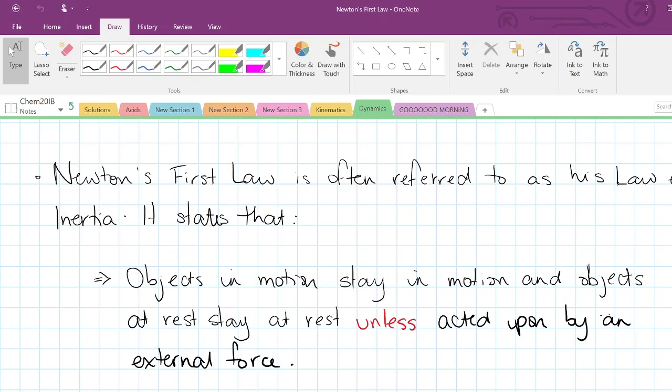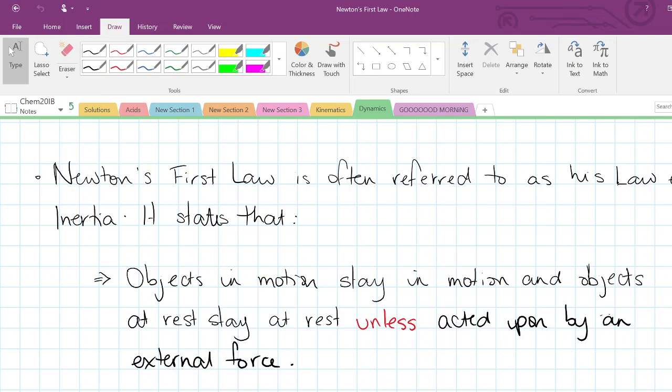If you've ever played air hockey, the puck on the air hockey table will continue to move unless it hits the edge of the table and comes to a stop, right, or changes its direction. And so that's typically what we're referring to when we talk about Newton's first law.